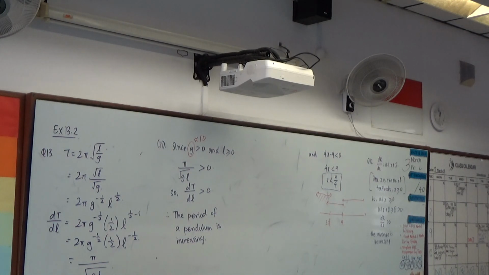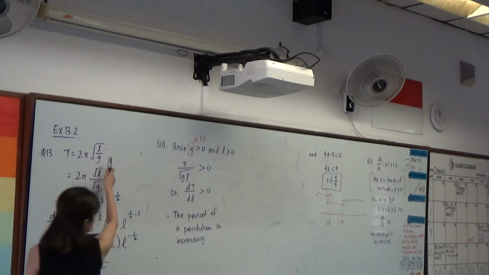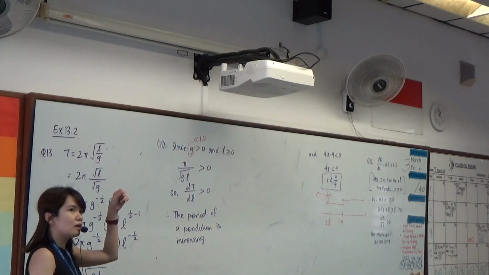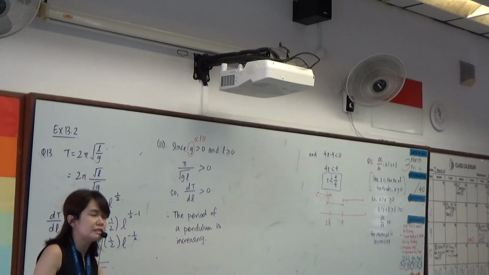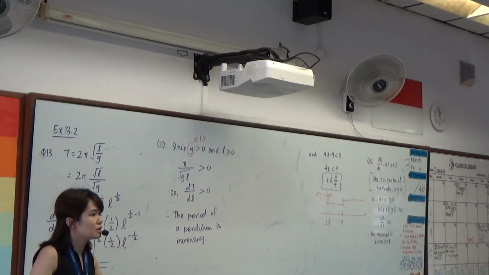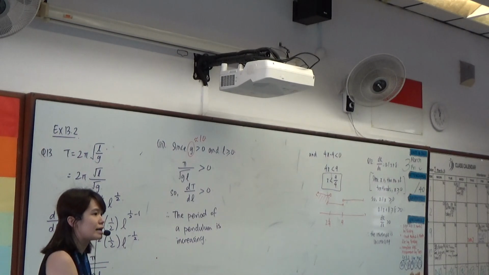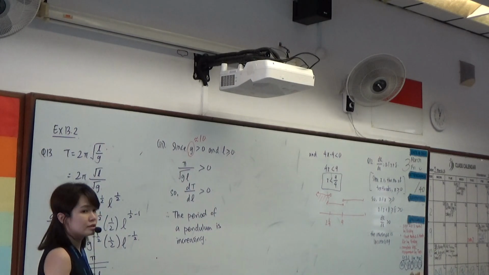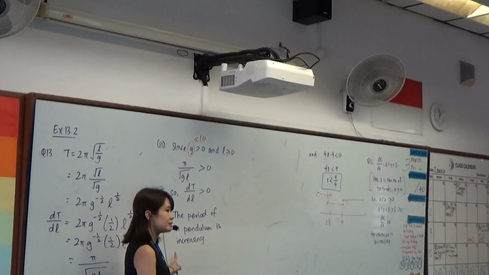They're directly proportional. The longer the length of the pendulum is, the longer the period will be, because it takes a longer time to go through one cycle. So therefore, it is actually increasing.